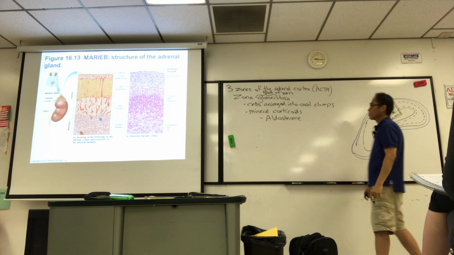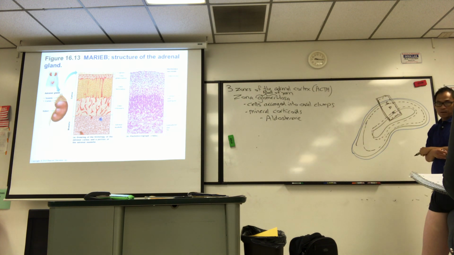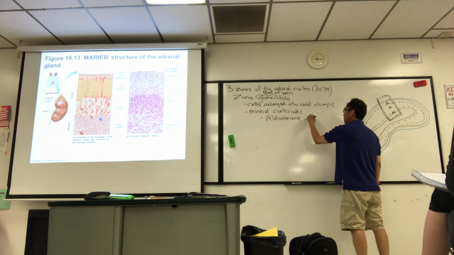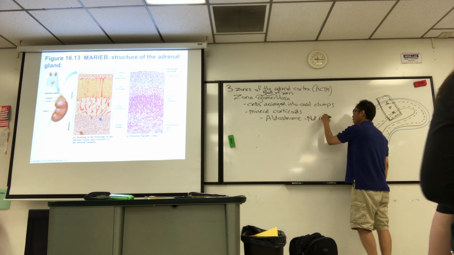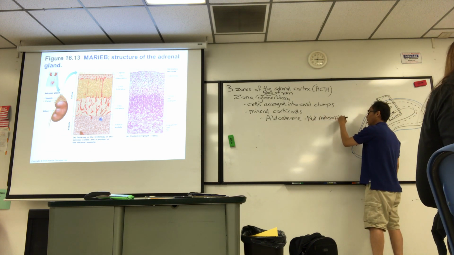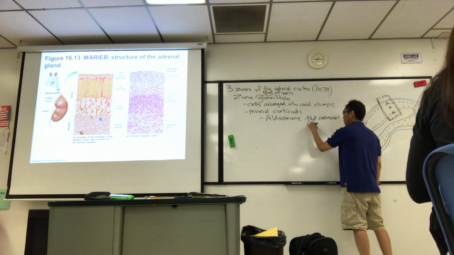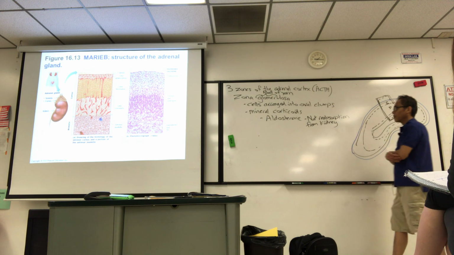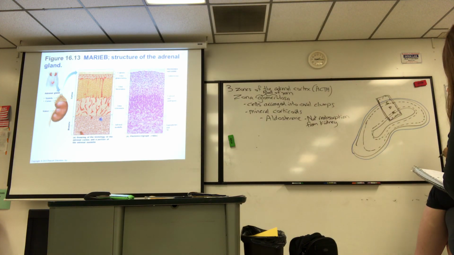That's the mineral corticoid, and it's the one you gotta know. We talked about it last time. It facilitates sodium reabsorption from the kidney. Go back and look at your notes from yesterday.